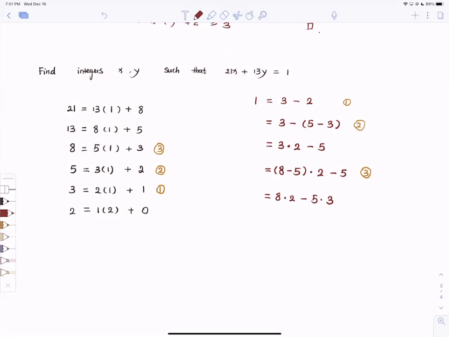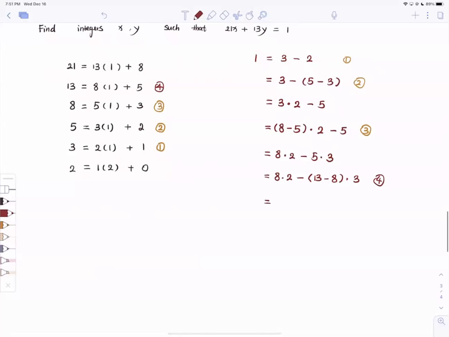Okay, so now, again, remember we're going back. So now we need to write 5 as 13 minus 8. This is step 4. So 8 times 2 minus (13 minus 8) times 3.